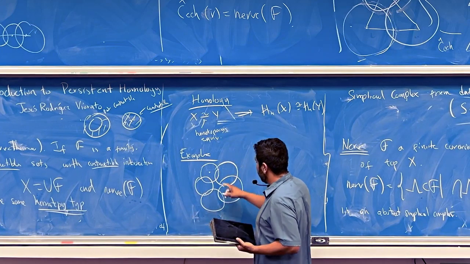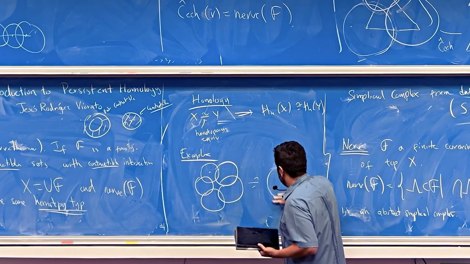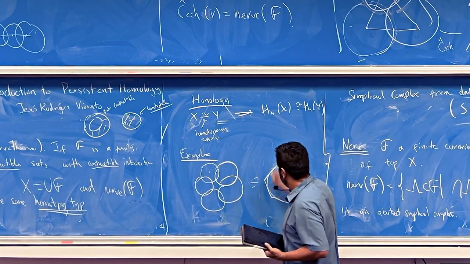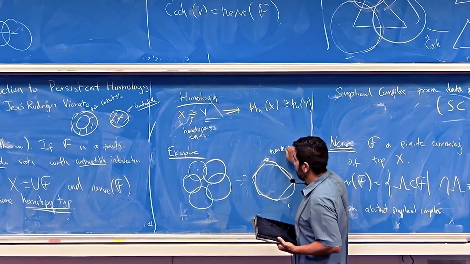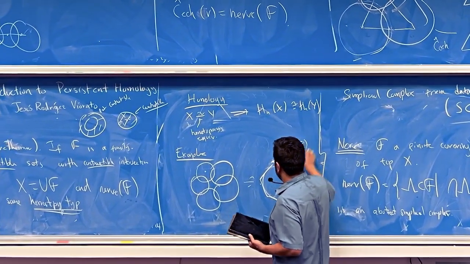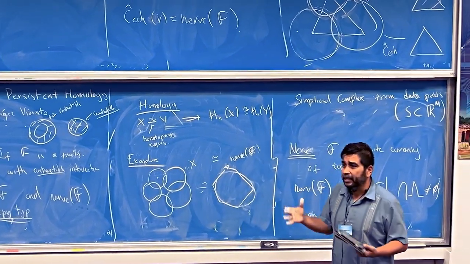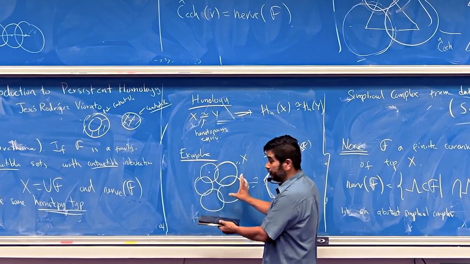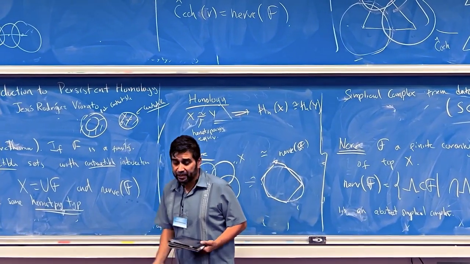The homotopy type of this family of balls is the same as the homotopy type of the nerve. They are going to be homotopically equivalent. You can squeeze the circles down to the nerve. That's what this theorem is telling you.